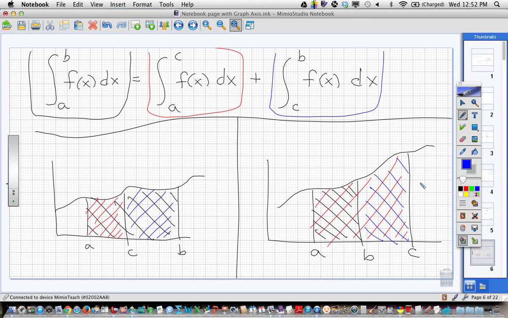So this blue area would be negative. So now we got the red area, which is all of it, plus the blue area, which is negative, would cancel off, and what would you end up with? The black area. Okay? So it's still the red plus the blue still equals the black because of that idea of negative. And it would also work if I had my function cross through the x-axis and I had some negative, some positive. It gets a little more confusing to follow, but it still would be the same.